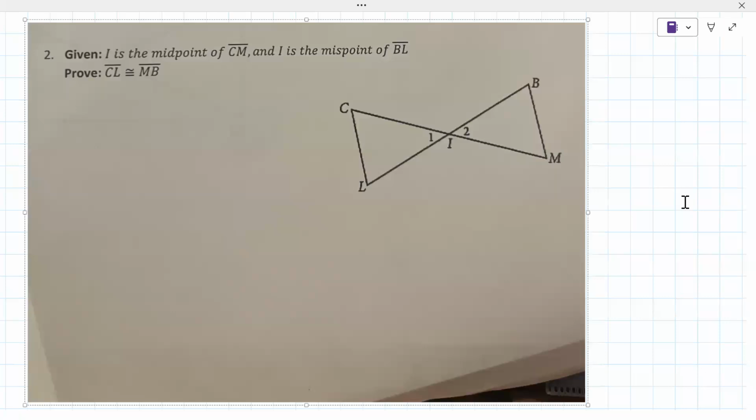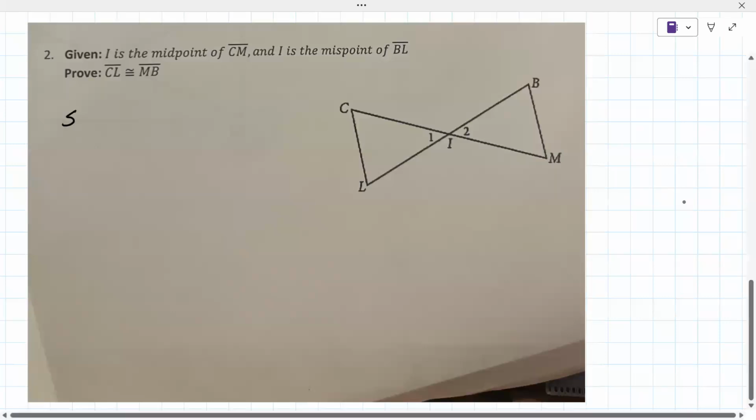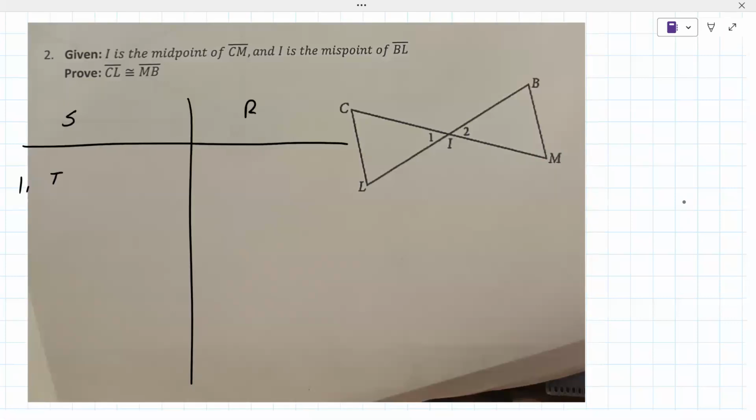Okay, I am back. Again, it's an S and an R situation here. It says that I is the midpoint of CM, that's given.